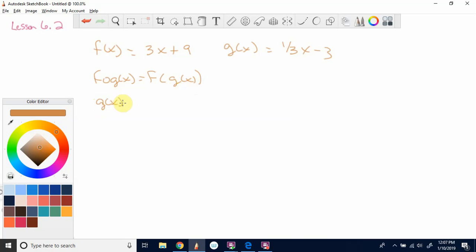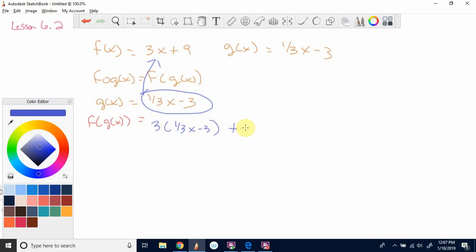So I'm going to start with g of x equals 1/3 x minus 3. Now I'm going to do f of g of x. I'm going to put this whole thing into f of x. So 3 times 1/3 x minus 3, plus 9. Now I simplify. So this equals x minus 9 plus 9, which equals x.